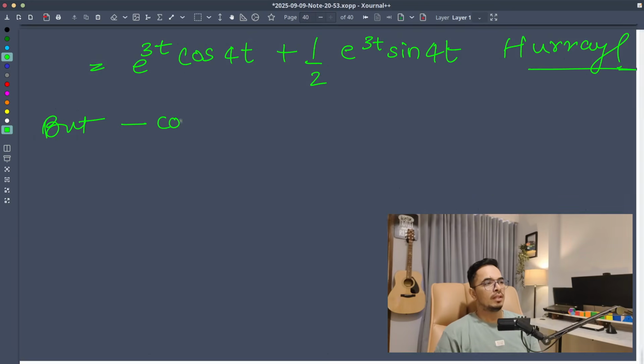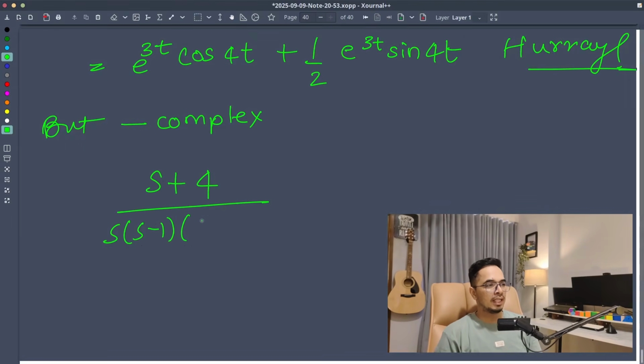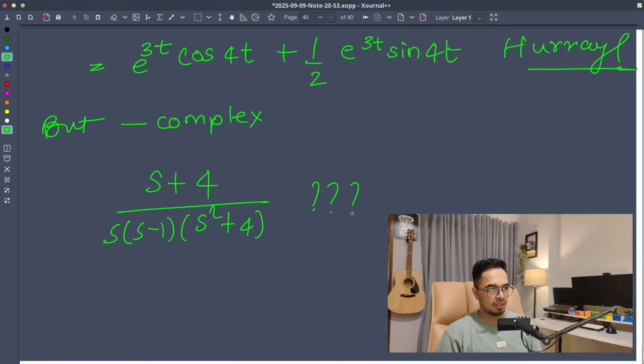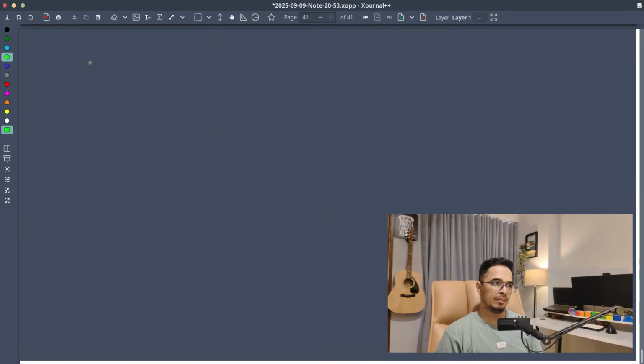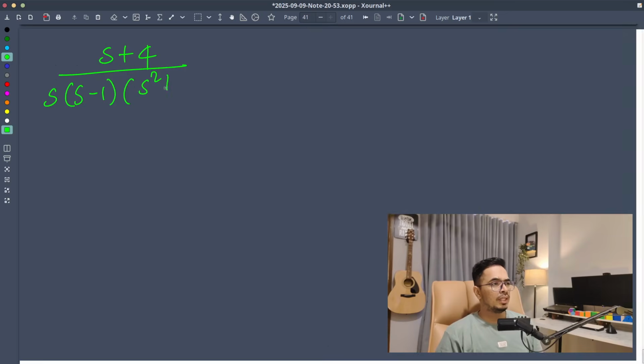Now, there is an issue. The issue is if we look at an even more complex denominator, something like this, how do we deal with it? Because we are looking at a denominator which has the order of 4.